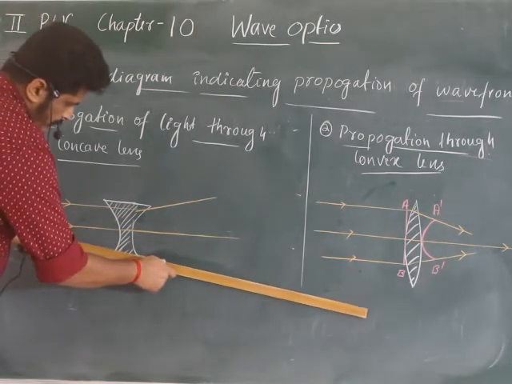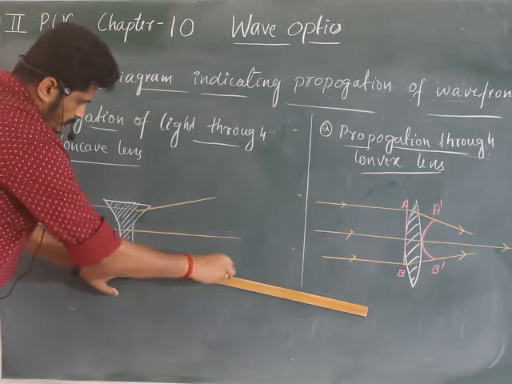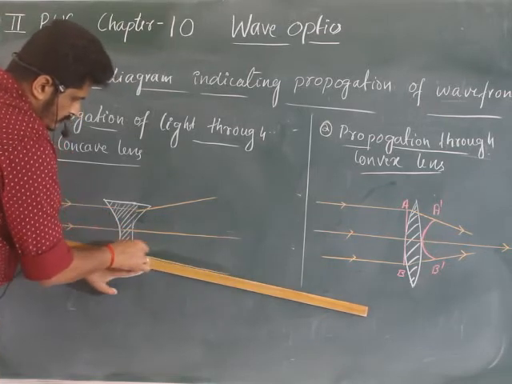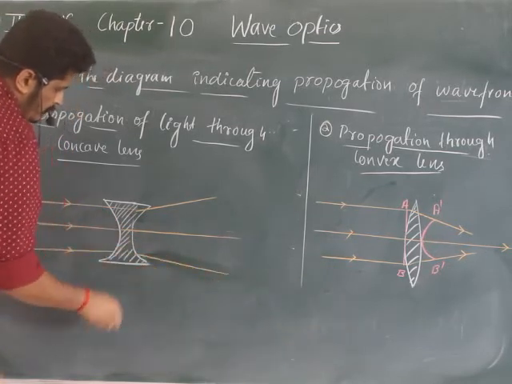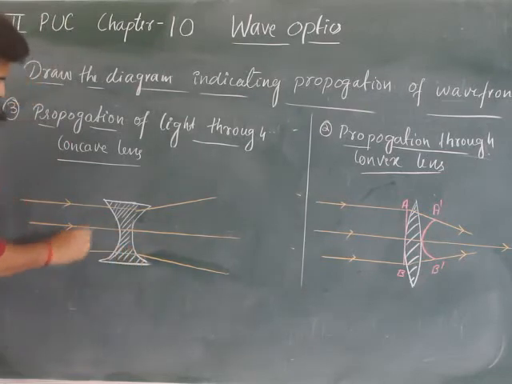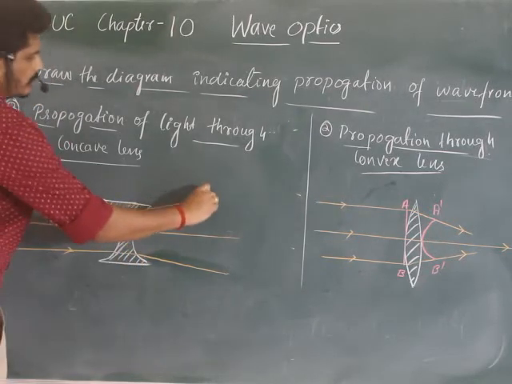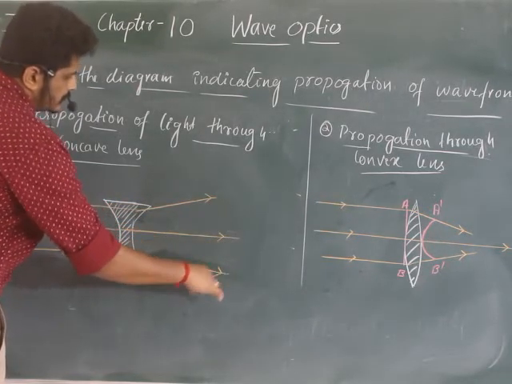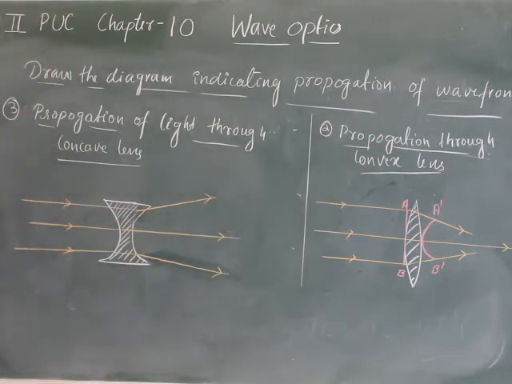So the light rays will undergo divergence here. Yes, like this. So this is what we know in the case of the concave lens. We know it diverges the light.